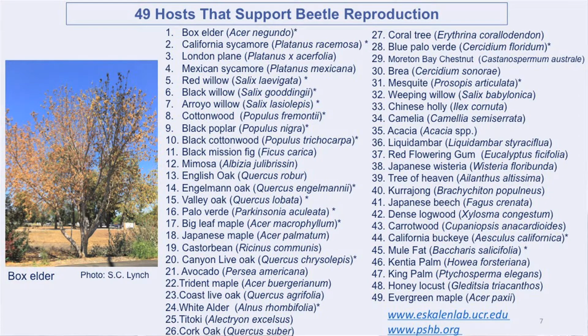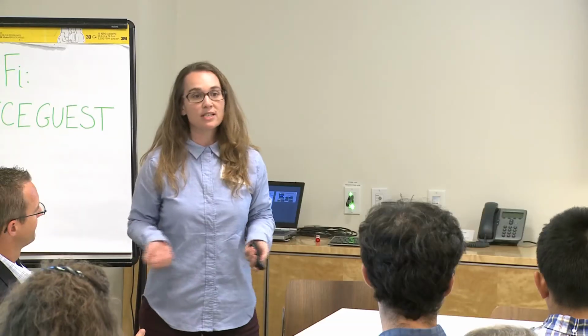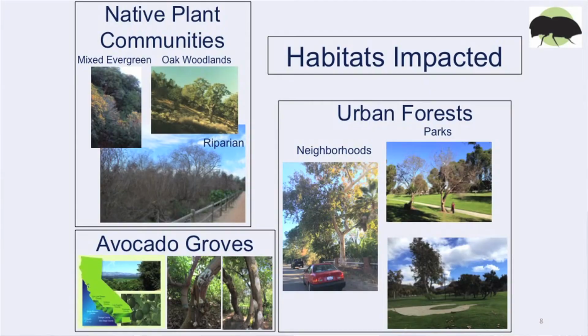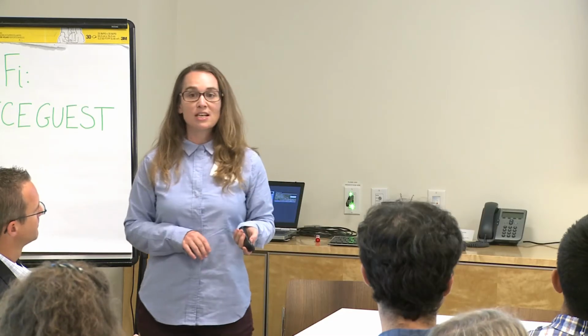So when the beetle attacks, it kills the trees, whereas on the other ones, you just see generalized dieback and not tree death. Because of the broad host range, it has an impact across many different land use types, including native plant communities, urban forests, as well as the avocado growing range in Southern California.